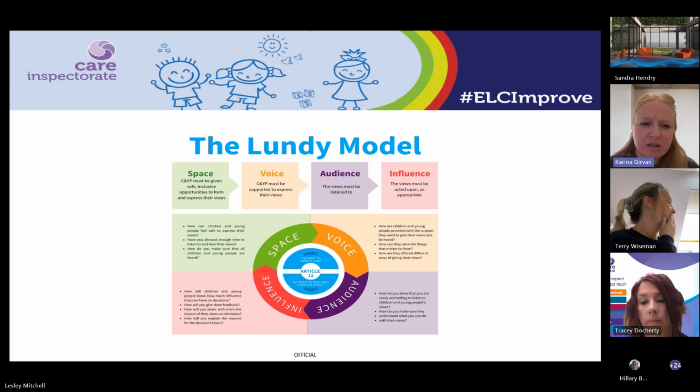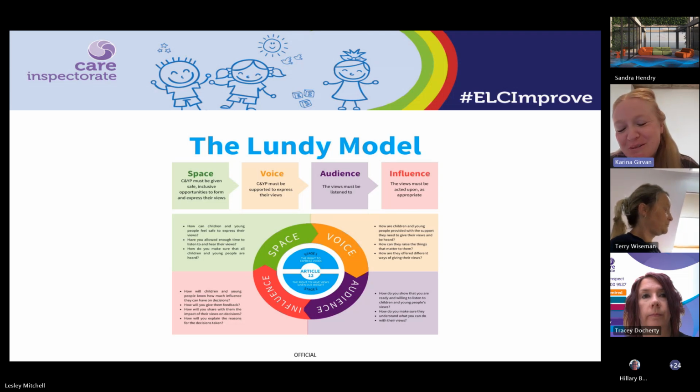Something else to consider that Laura Lundy does talk about is that when you're seeking the views of children, it's okay to explain to children why their views can't be acted upon, either in that moment or at all. So, for example, sometimes we'll go out during inspections and speak to children and ask them what could make your nursery or childminder or playgroup or out of school care, wherever we are, better.